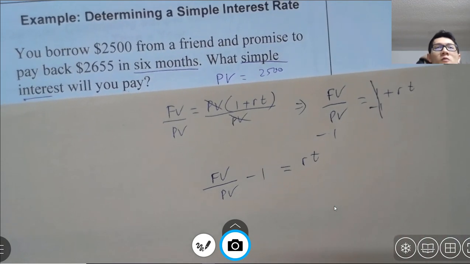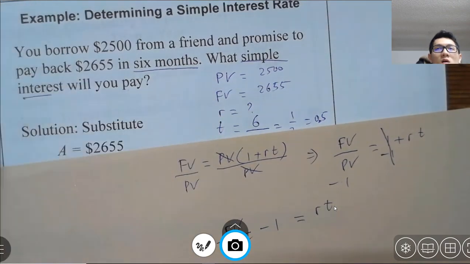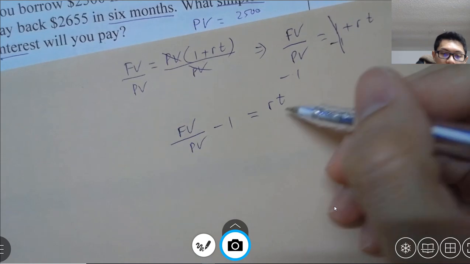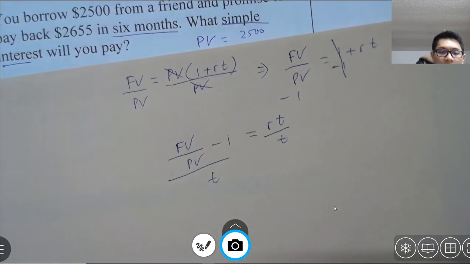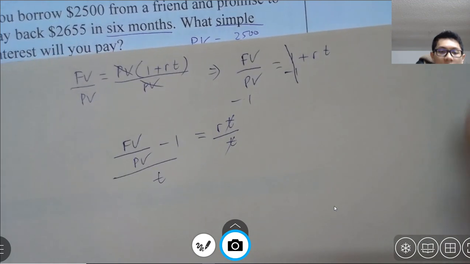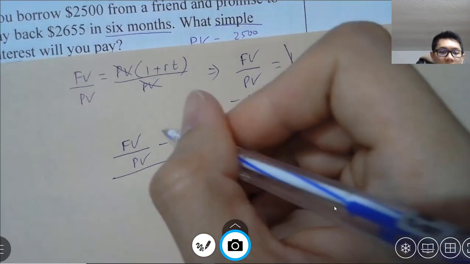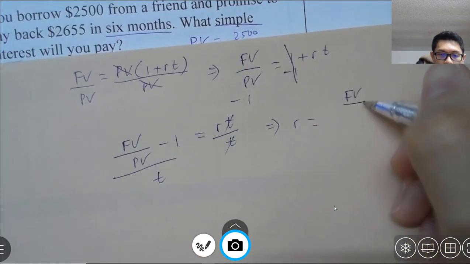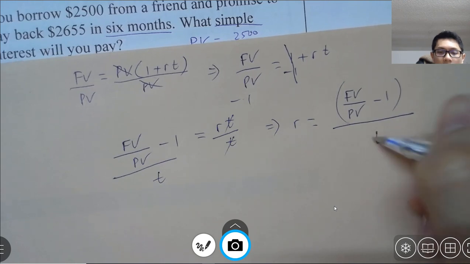Now I'm looking for the rate, what is my R, so I divide by T on both sides. The Ts cancel out. So I have R equals FV over PV minus 1, divided by T.